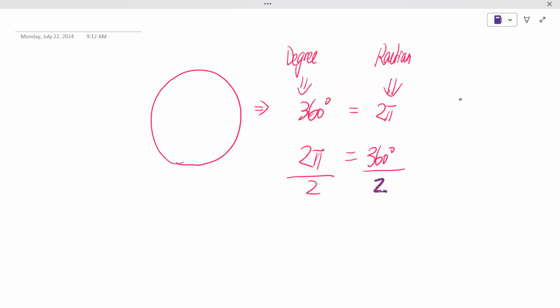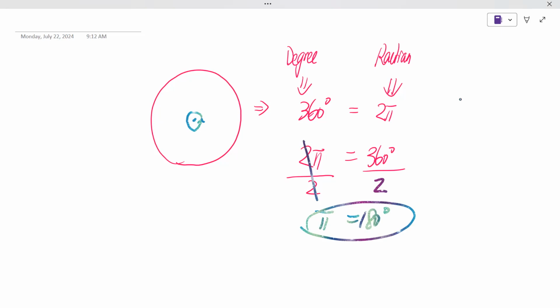So let's say this is the unit circle, and that means 360 degrees, one cycle, is equal to 2 pi in the radian measurement. And we figure out the conversion between degree measurement and radian measurement.